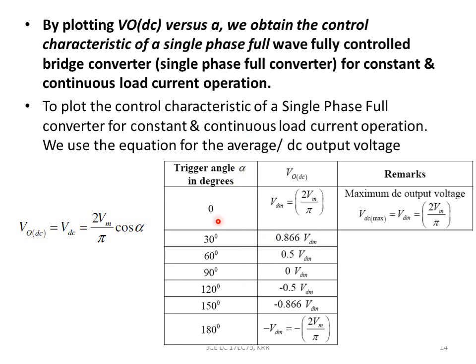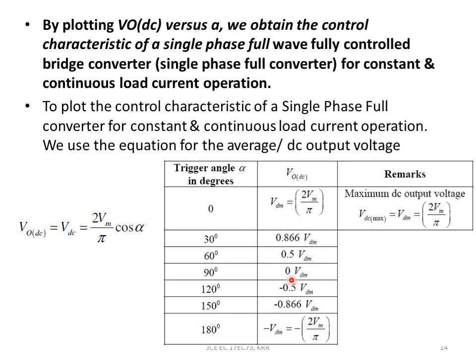So what we see is when alpha is equal to 0, obviously I am getting the maximum value, which we call VDM, which is equal to 2 Vm by pi. When alpha is 30 degrees, I will get 0.866 VDM. When alpha is 60 degrees, you get 0.5 VDM. When alpha is 90 degrees, I am getting 0 volts.